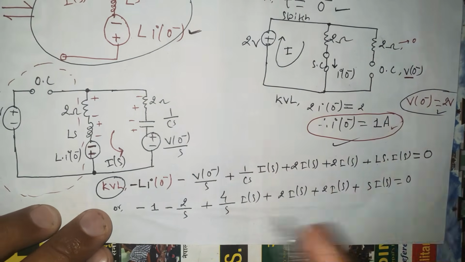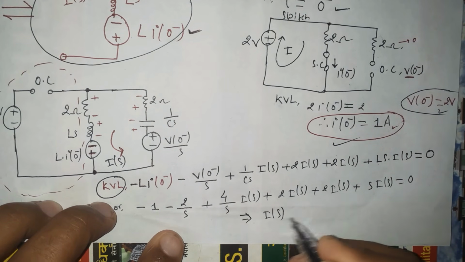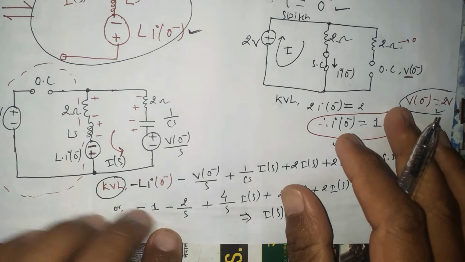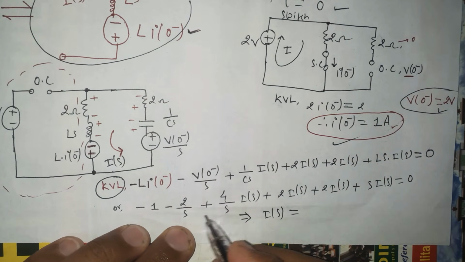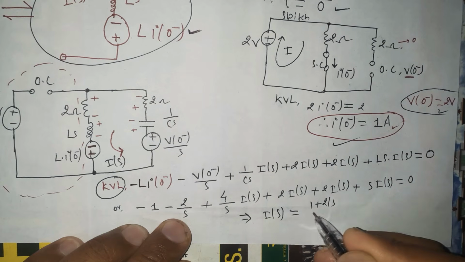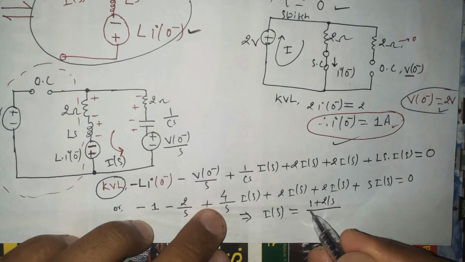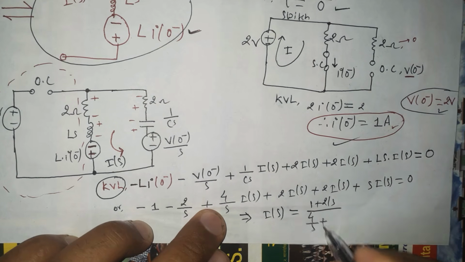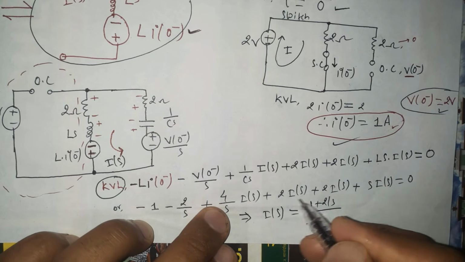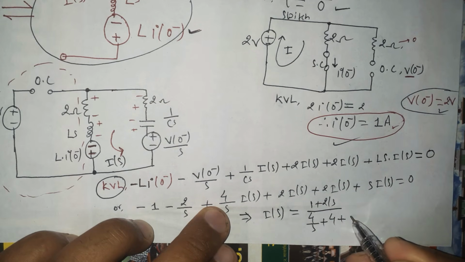First of all, let's evaluate the value of I of s. From these expressions, I of s will be just 1 plus 2 over s, all over 4 over s plus 2 plus 2, which is 4, plus s.